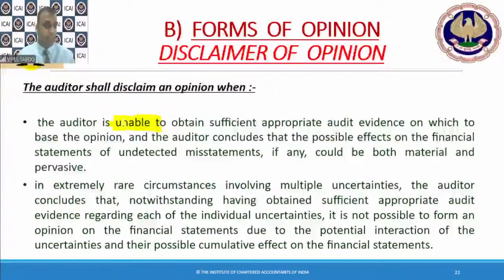But in this case, the auditor is unable to obtain sufficient appropriate audit evidence on which to base his opinion. And the auditor concludes that the possible effects on the financial statements of the undetected misstatements, if any, could be both material and pervasive. So the important part is could be.